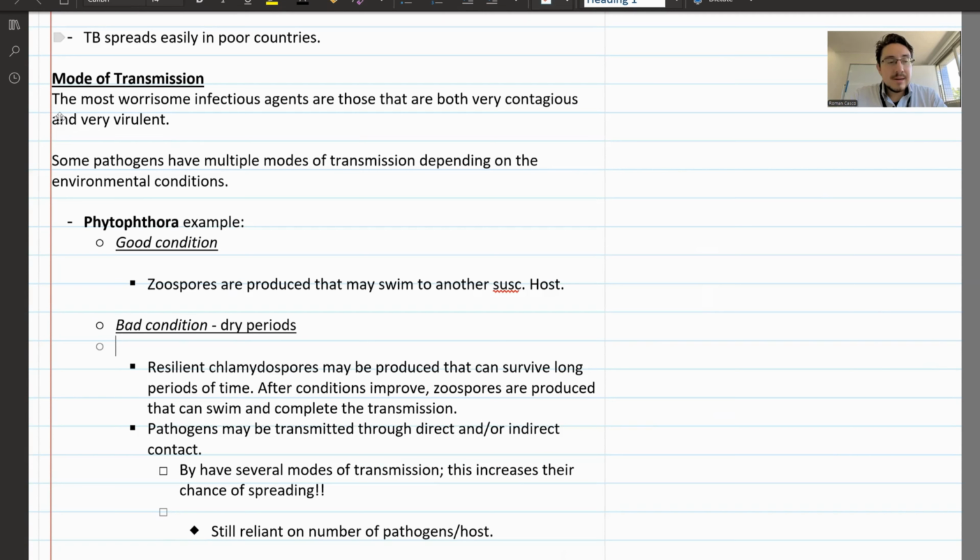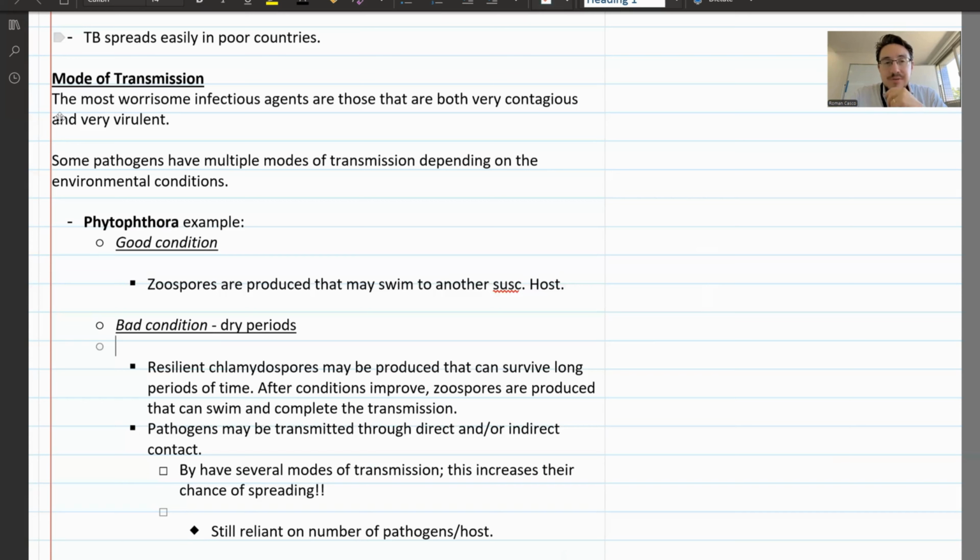And the mode of transmission does depend on how well the environment is for the pathogen. You could have some instances where there are bad conditions in the environment, where there's not that much water, for example, for those organisms that depend on water to propagate, things like that.